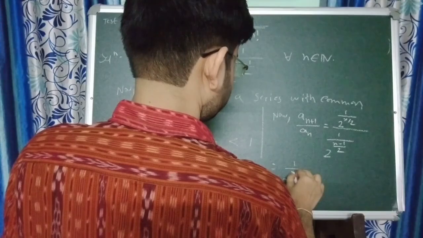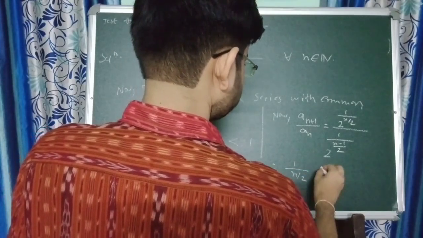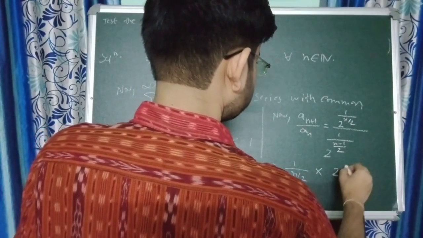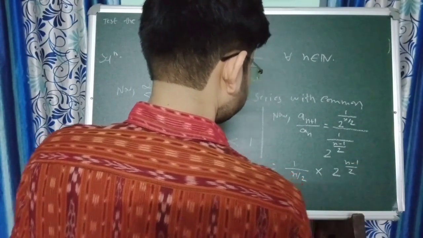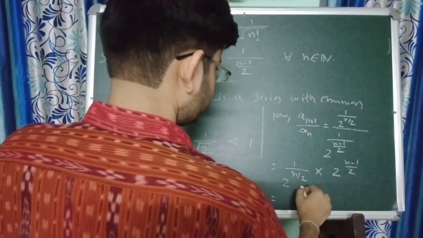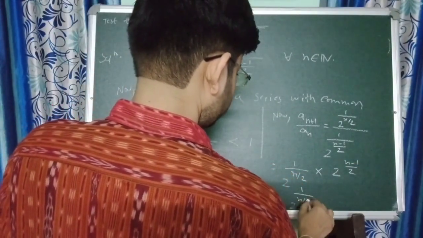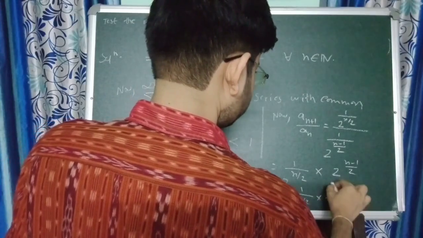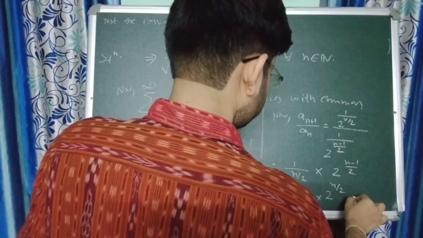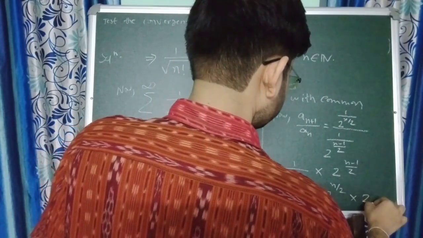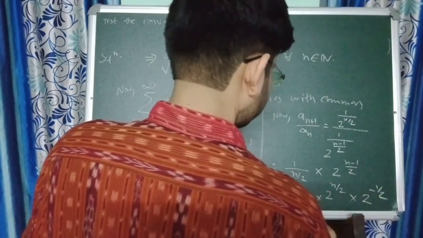This is 2 to the power n by 2 into 2 to the power n minus 1 by 2. This is 1 by 2 to the power n by 2, 2 to the power n by 2 into 2 to the power minus half.